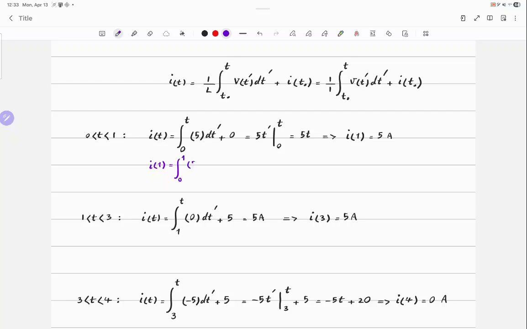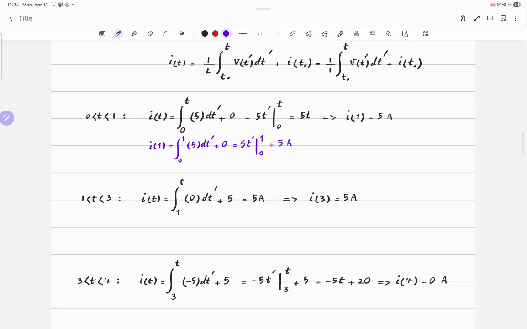0 to 1, 5 dt' plus 0, and it's equal to 5t' from 0 to 1, and it's equal to 5 amps. Most of you prefer the purple ones. And you can do it for the next one. You can write I of 3 is equal to integral from 1 to 3 of 0 dt' plus 5, and it's equal to 5 amps.